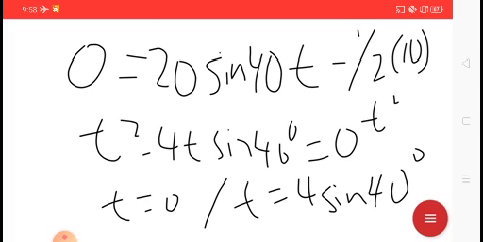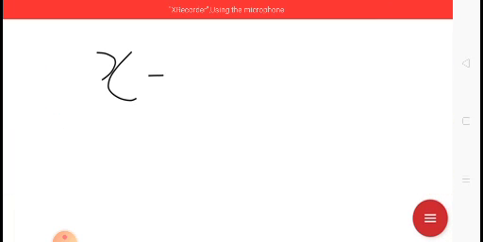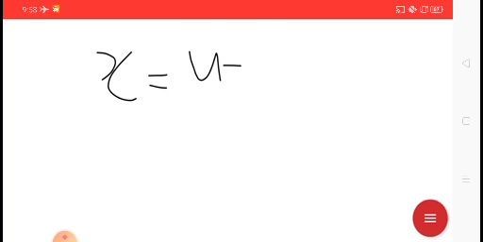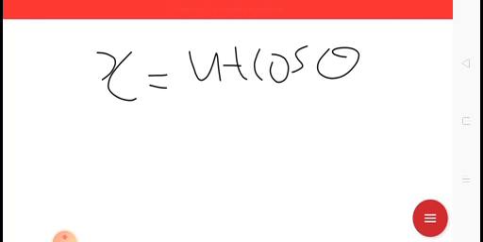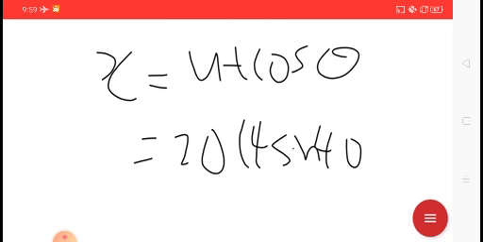So once you have this t equal to 4 sine 40, you may put it inside the x equation. The x equation, where x is the range, is equal to u t cos theta. x is the horizontal distance, so if you want to find the range, meaning the maximum horizontal distance, u t cos theta, u is 20, t just now is 4 sine 40, and cos 40.